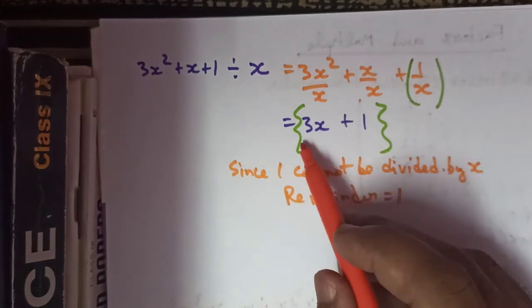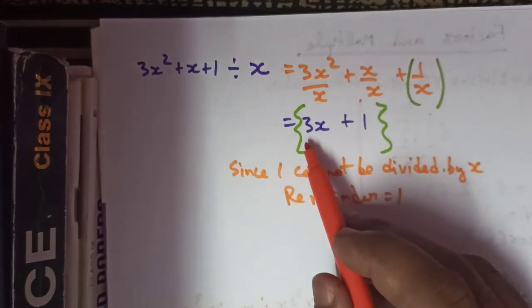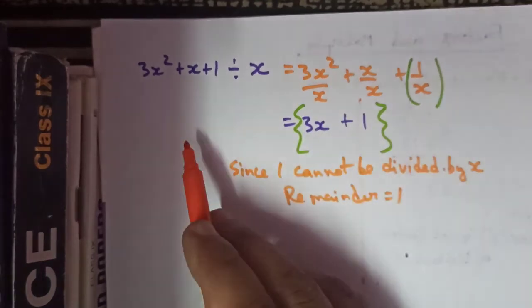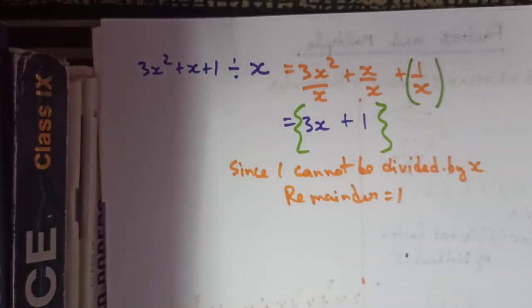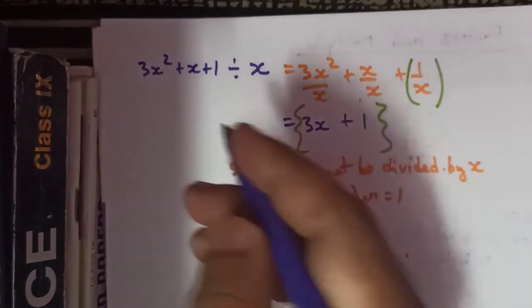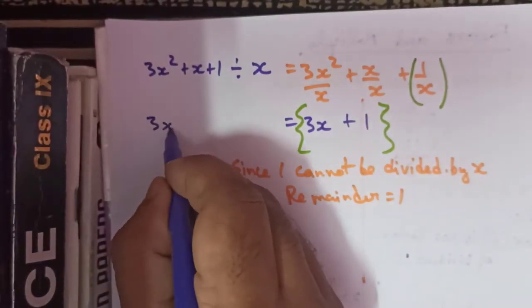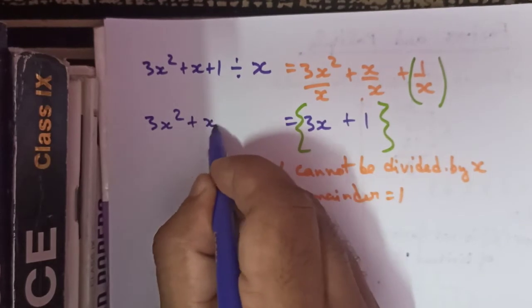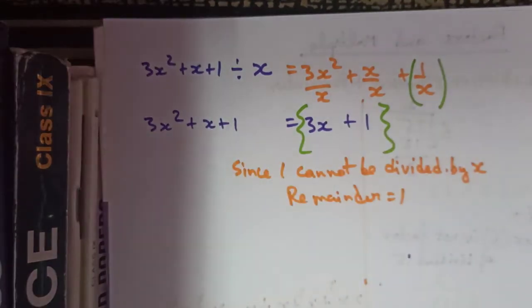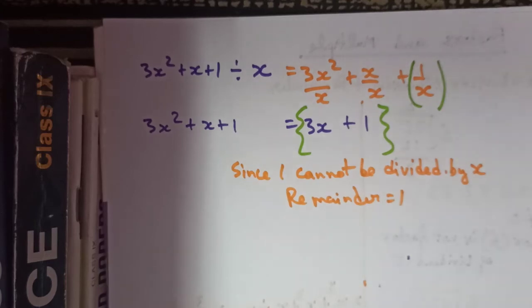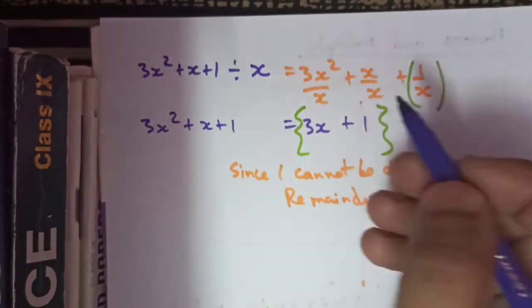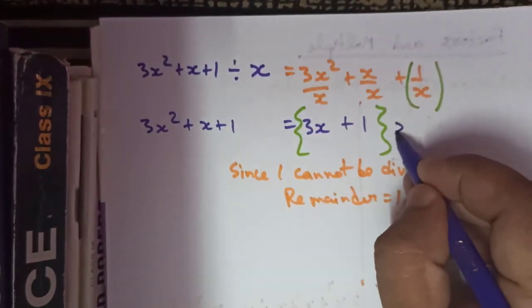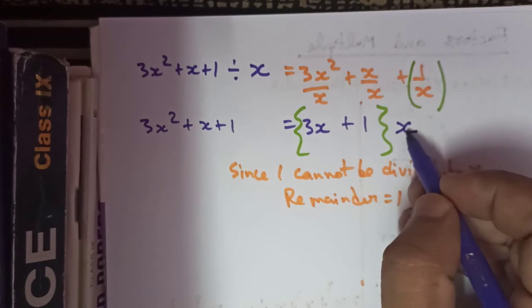So here I have written in the form of division algorithm as dividend is equal to divisor into quotient plus remainder. This I have written as dividend, that is, again I am writing 3x square plus x plus 1. This is the dividend, and it is equal to divisor into quotient.